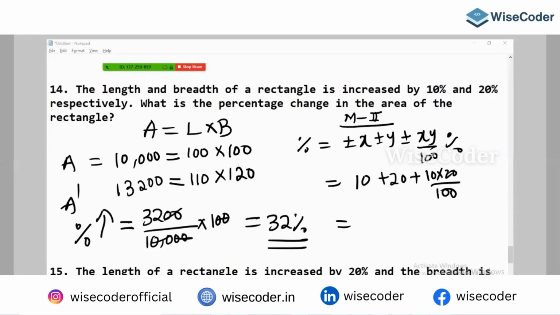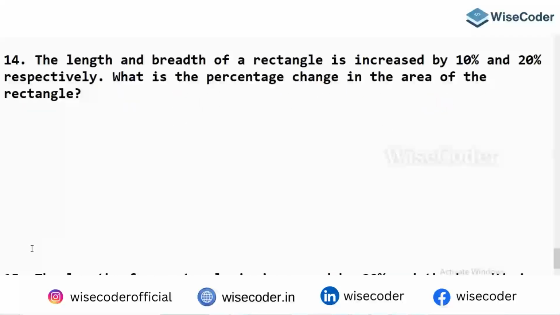That is nothing but 10 plus 20 is 30, plus 200 by 100 is 2, so this is going to be 32%. I hope it is clear with the two methods.